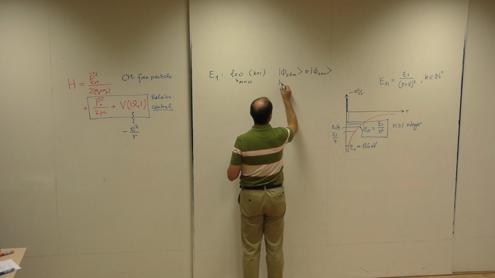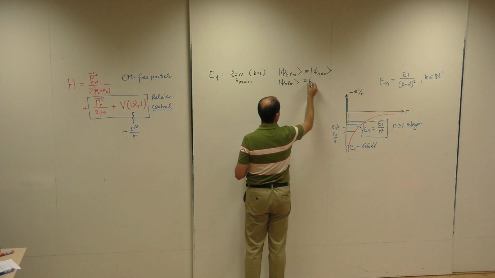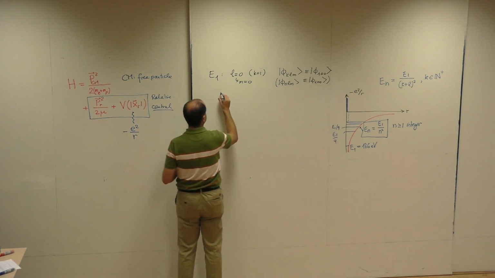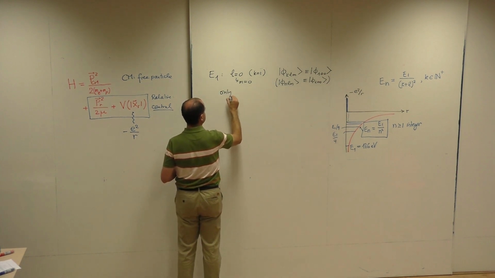And if I write it phi N L M, which is the usual notation, by the way, also will be phi 1 0 0. So not degenerate, only one state.